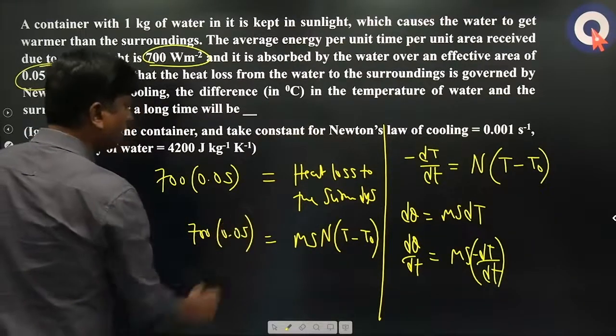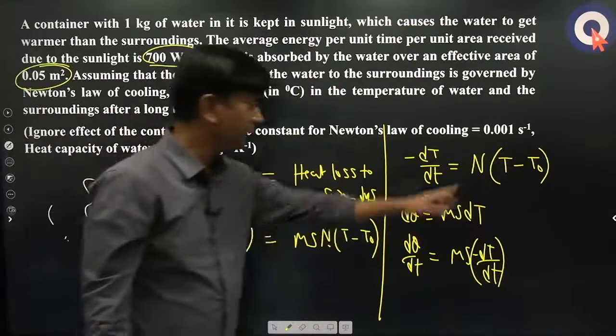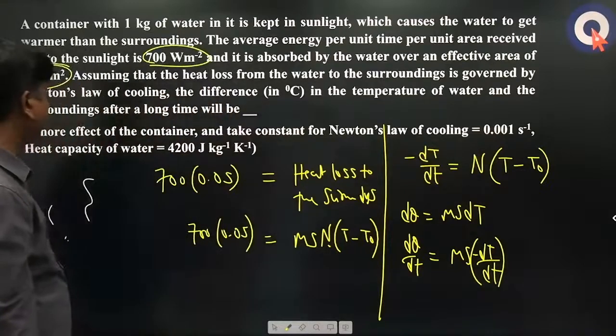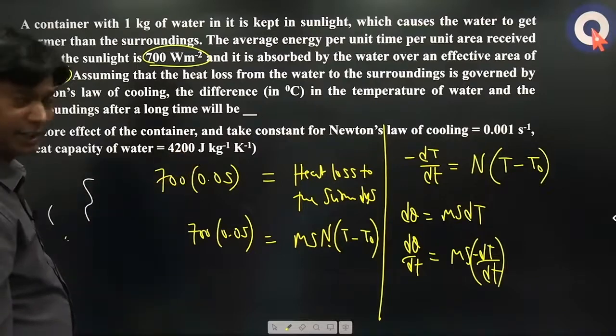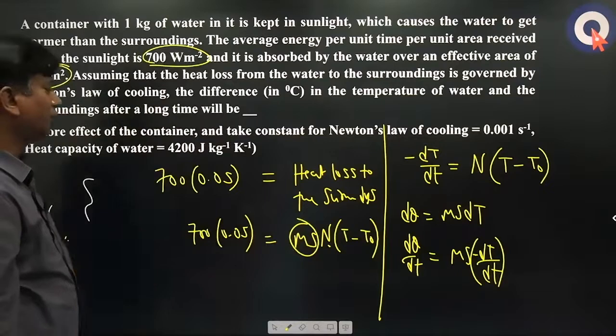From here, they have already given the Newton's cooling constant, which is 0.001, right? And they have also given the specific heat of water, okay, mass times specific heat, this total is called the heat capacity of the water, 4200.